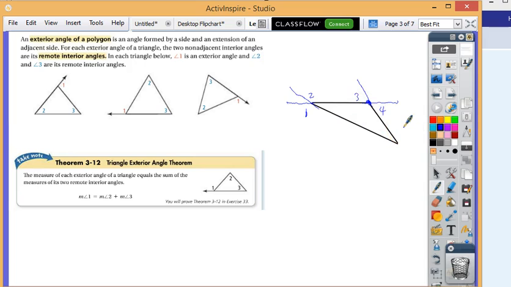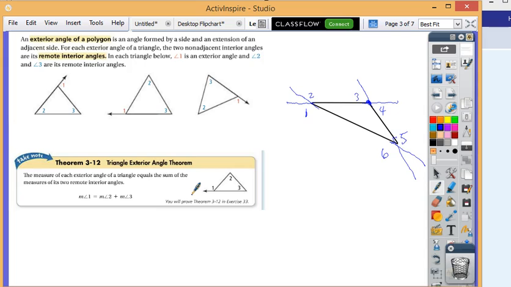They're vertical angles. Vertical angles are congruent, so they're going to be equal to each other. Same thing at this end. So basically what I'm saying is every triangle has two possible exterior angles at each vertex. It doesn't matter which one you use because the exterior angles are vertical angles and they're congruent.